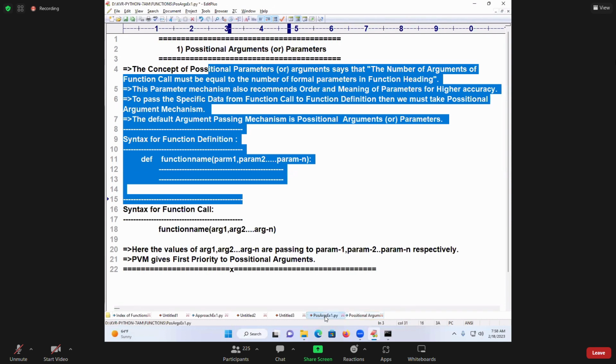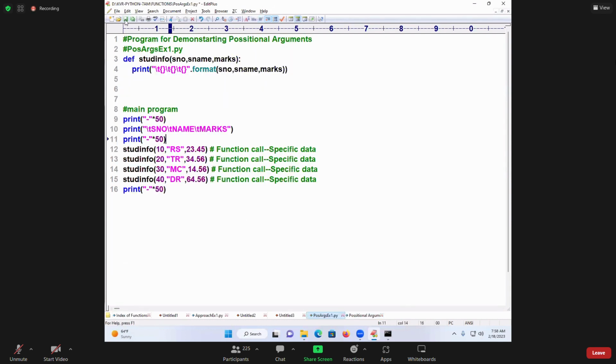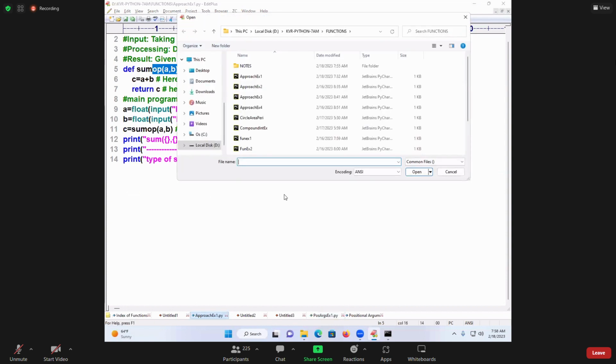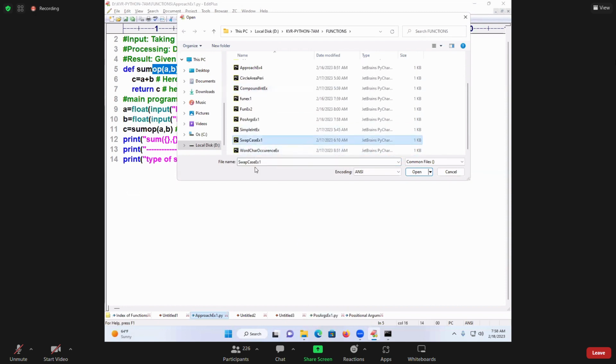Right. And this example you see, this is also one more example. Easy, default one. All our previous examples come under this argument mechanism. Take our previous examples: simple interest, approach number 4, compound interest. Yesterday, the swap case example, you open it.